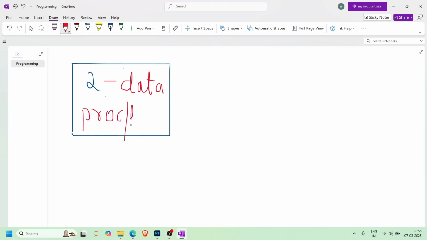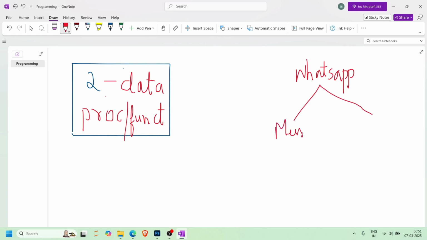So what do we mean by procedure or function? Let us understand by taking an example of an app. We are taking the example of WhatsApp. WhatsApp has two parts. One is our message, so let us say I'll type some message which is to be sent to my friend.